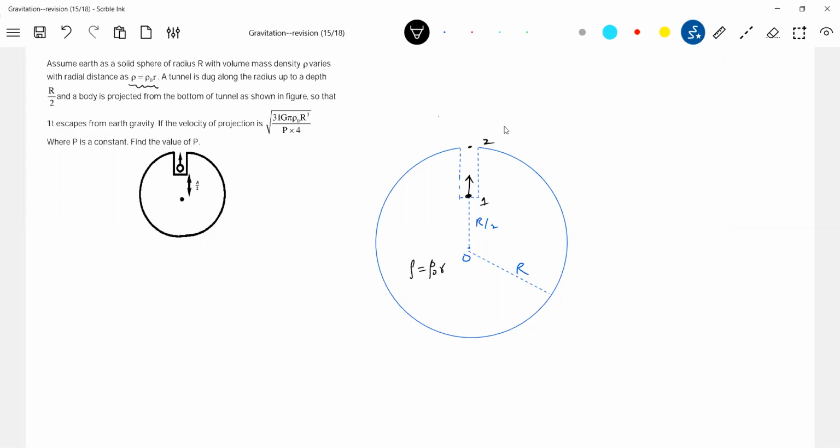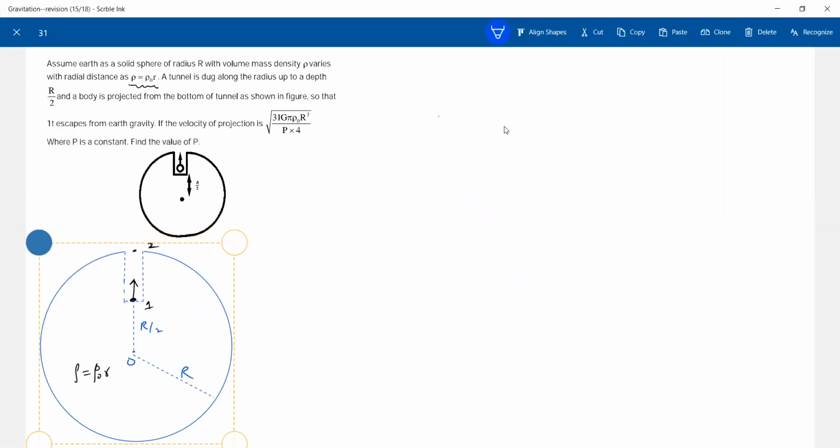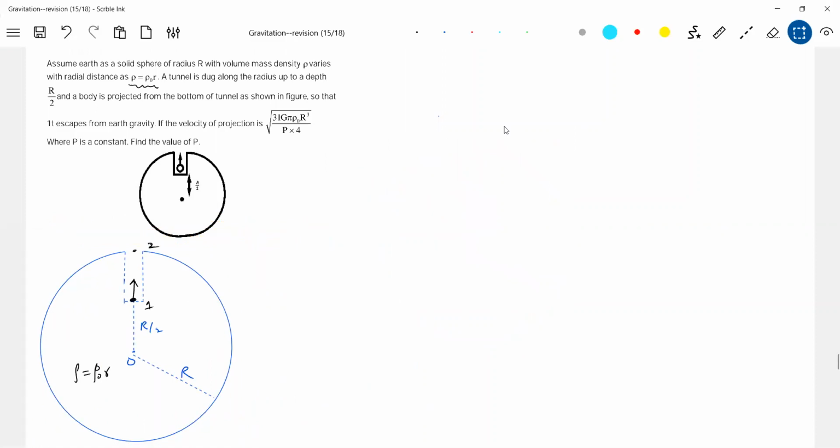Then what is the mathematics involved? The mass involved is purely... So let's assume a sphere of radius r. I'll assume a strip.